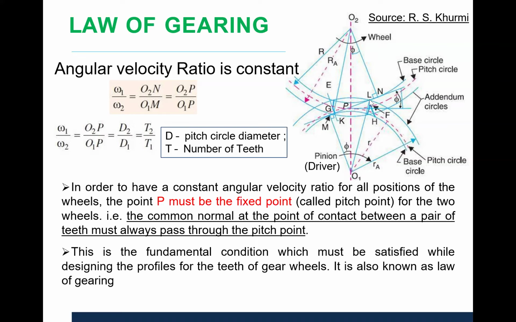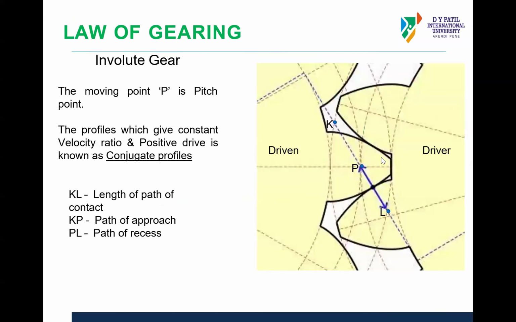In order to have constant angular velocity for all positions of the wheels, the common normal must pass through the pitch point. If the common normal at the point of contact between the pair passes through the pitch point, then it satisfies the law of gearing. P is the pitch point where we have engagement of the pinion, like I showed in the previous part. This is the point P, where gears engage each other.